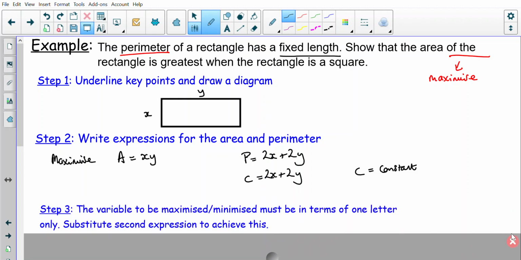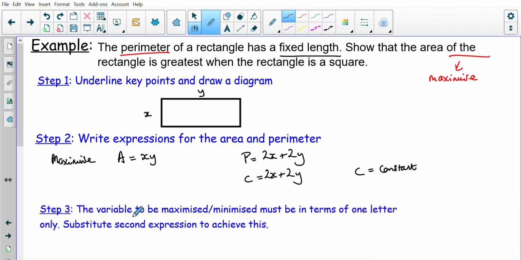And this is where we need to make sure that the variable to be maximised, i.e. the area, must be in terms of one letter only. And that's because I cannot differentiate xy. I can only differentiate when I've got an expression in terms of just one letter x. So that's where the expression for perimeter comes in, and that's where this differs to the previous example.